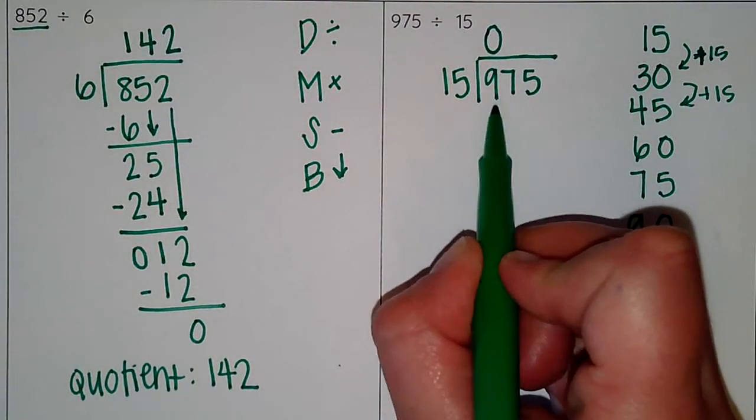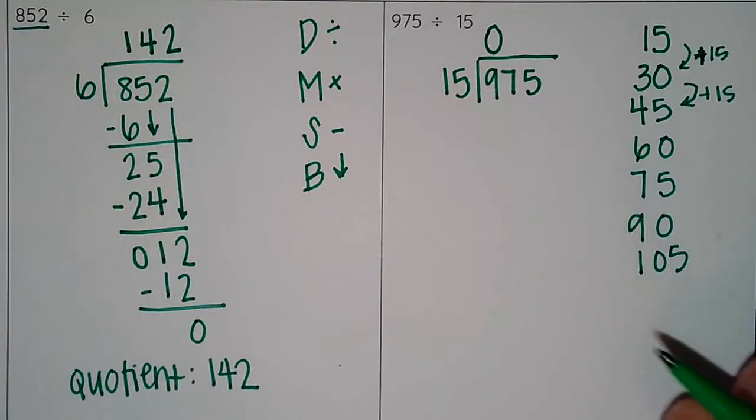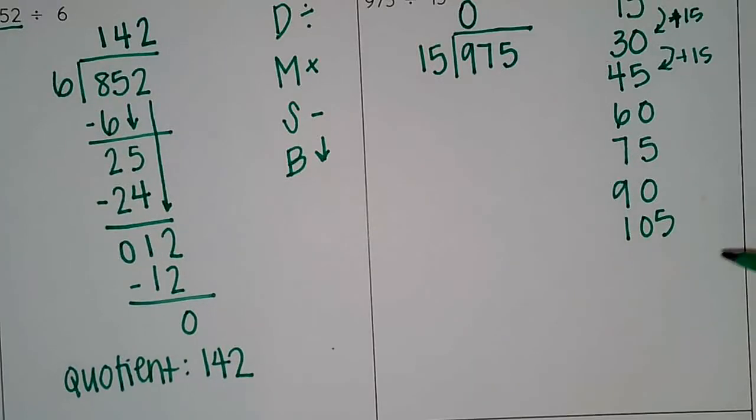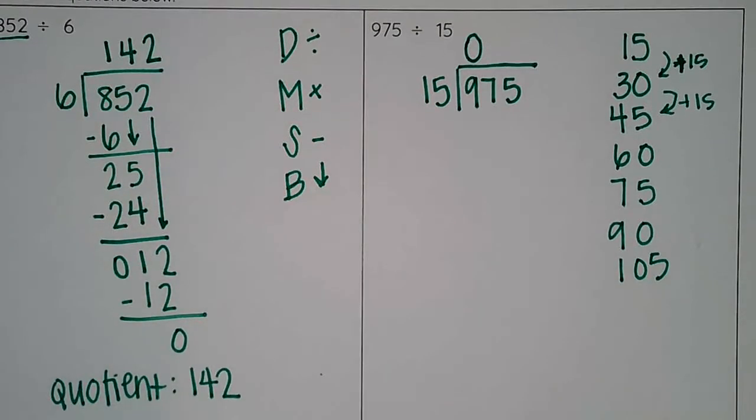So we combine those first two, 97. All right. How many times does 15 go into 97? Well, I can look off to the side if I don't know that one by heart, and I can count 1, 2, 3, 4, 5, 6. 97 would be in between 90 and 105.